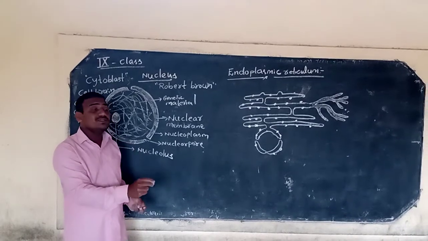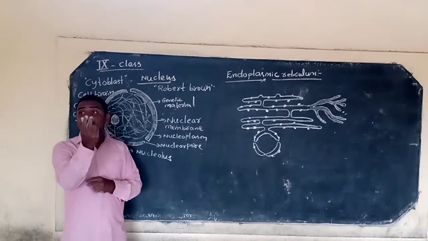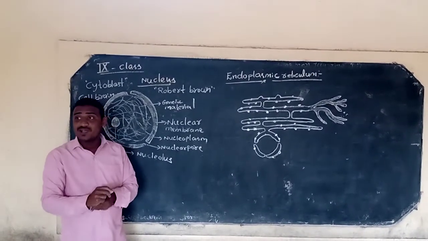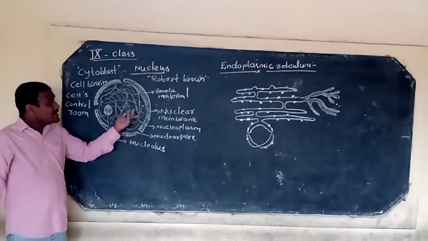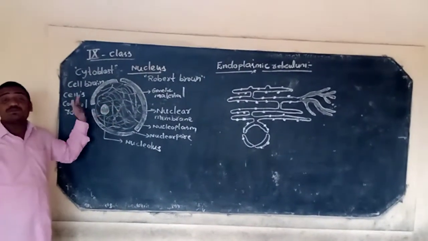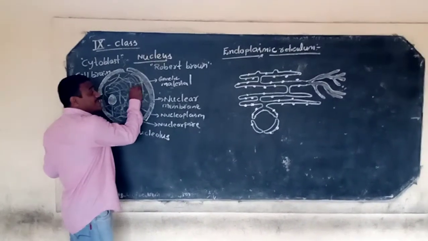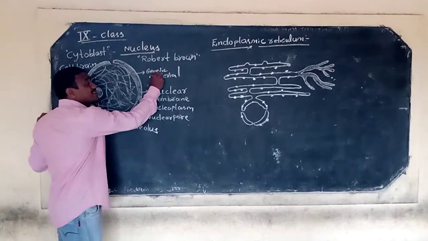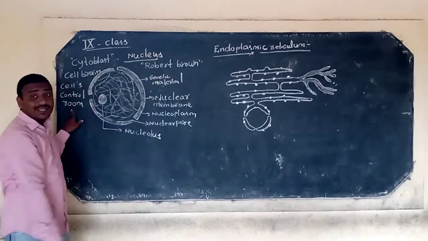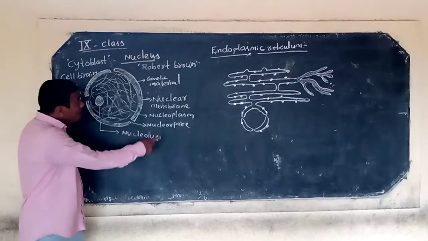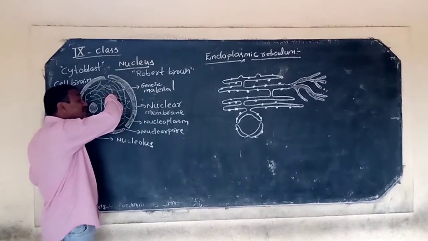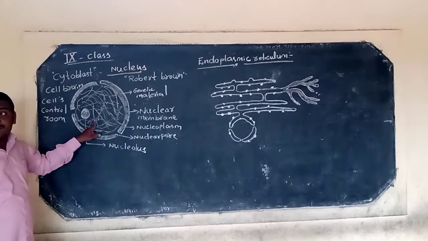If you plant a mango seed, only a mango tree comes; will a tamarind tree come? So how is it possible? Why? Because the major reason is the genetic material or chromosomes which are present in the nucleus.